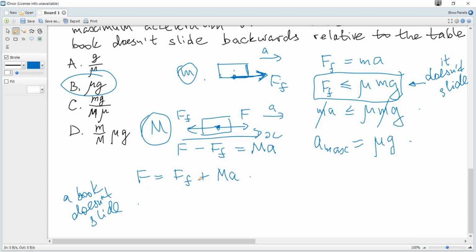So friction should be less than or equal to mu mg, and actually MA is the same, so we can write mu mg, or just m A plus M A, or M plus m A, and A max is this, so it can be calculated.